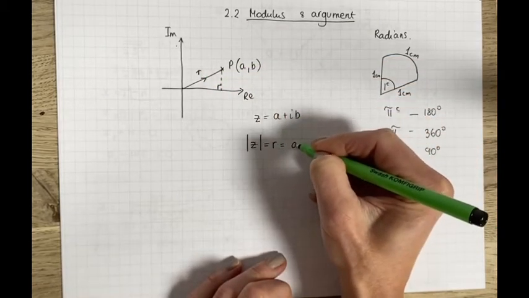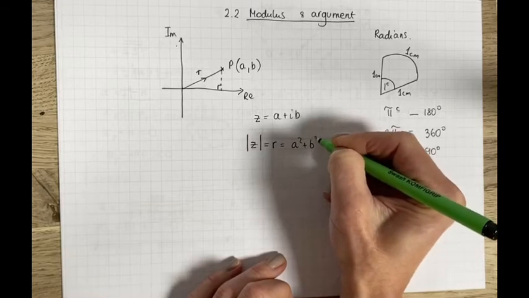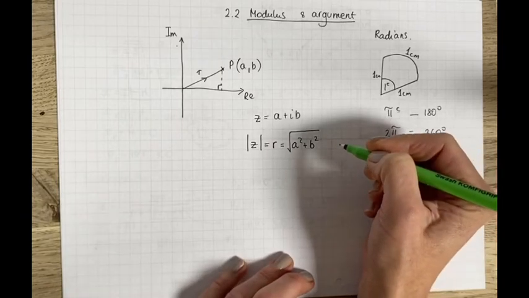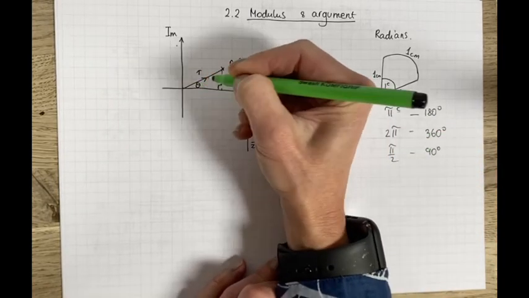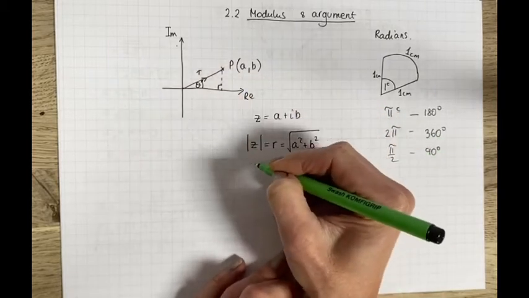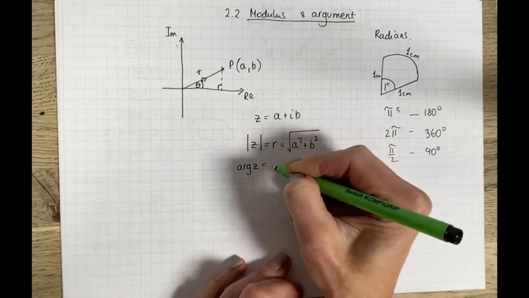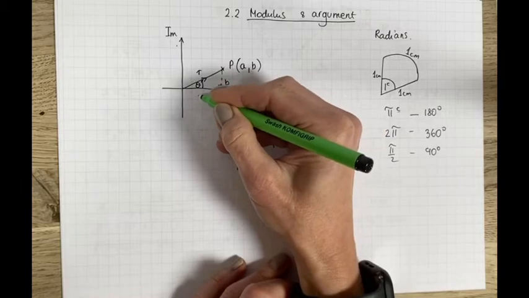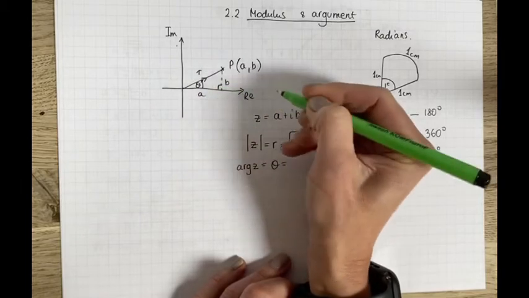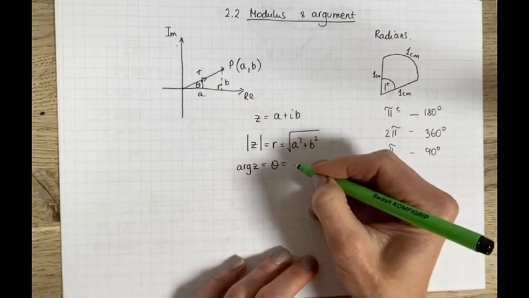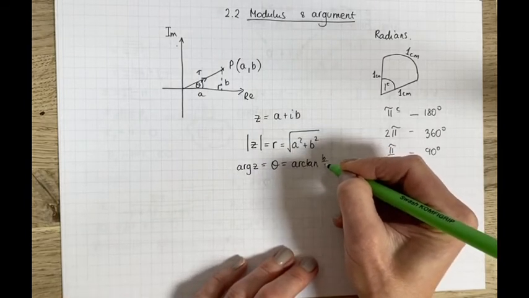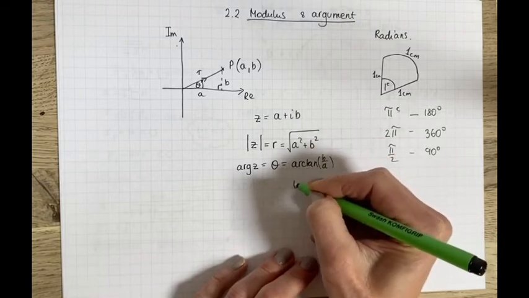So you square the real part, square the imaginary part, add them together and square root, applying Pythagoras. Theta, which is called the argument of Z, is found simply: this is the y coordinate, which is B, and this is the x coordinate, which is A, so you do arc tan of B over A. Arc tan means tan inverse.